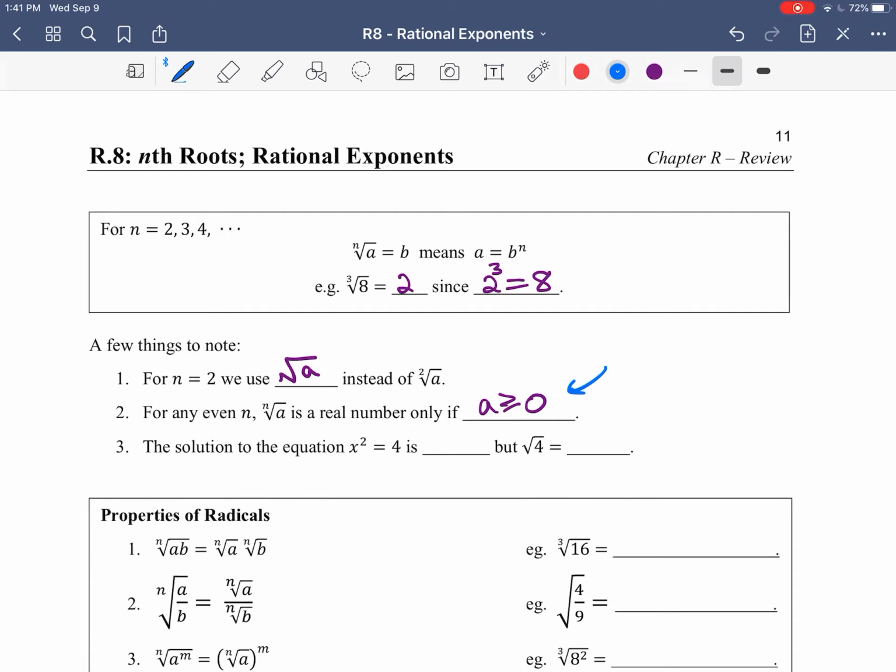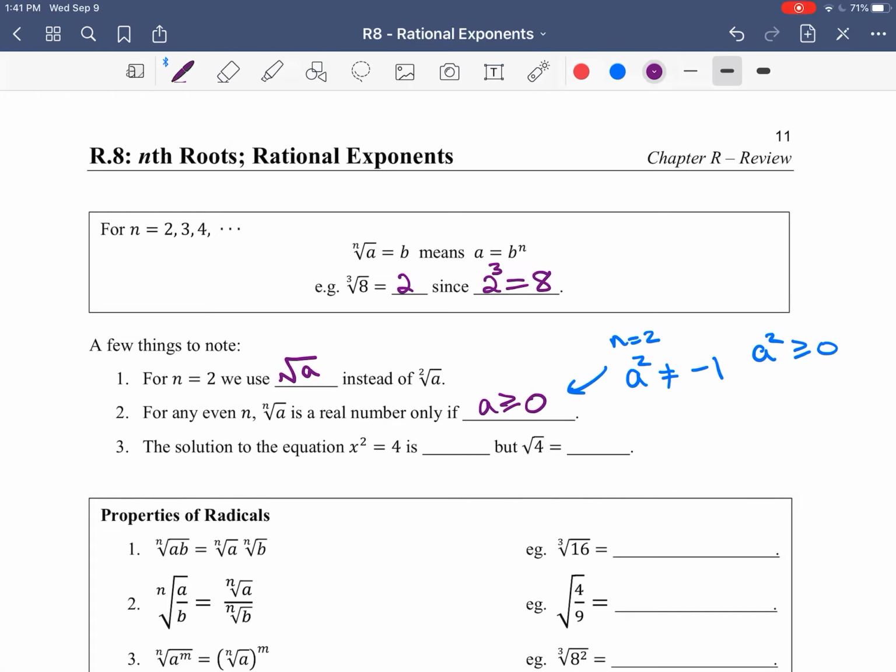For instance, when n is 2, there's no a so that when you square it, you get -1, because when you square something, you always get a positive number. So a squared is always at least 0, which means you can never take a square root of a negative number. It's the same with the 4th powers, the 6th powers, all the even powers.